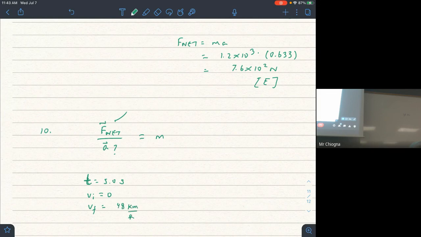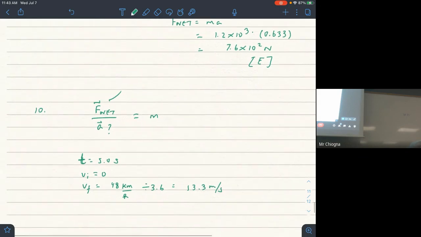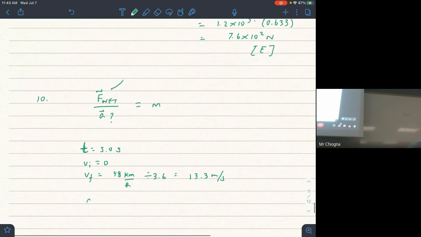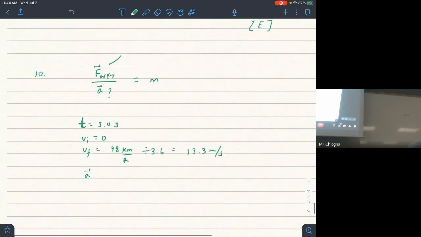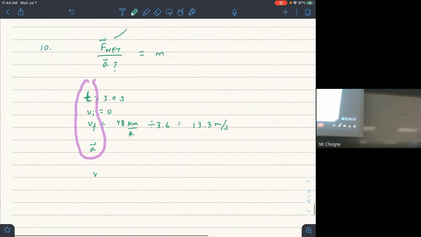Remember the conversion factor. Divide by 3.6 to find meters per second. Solve for the acceleration. There's a list. Find the equation that contains all four.